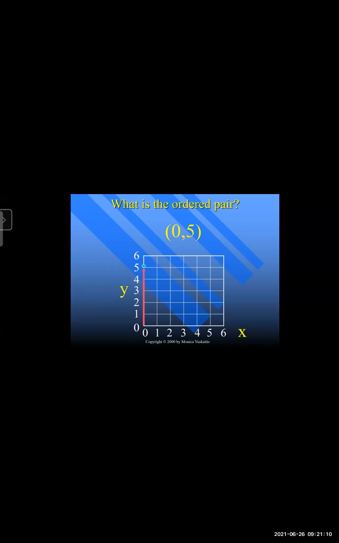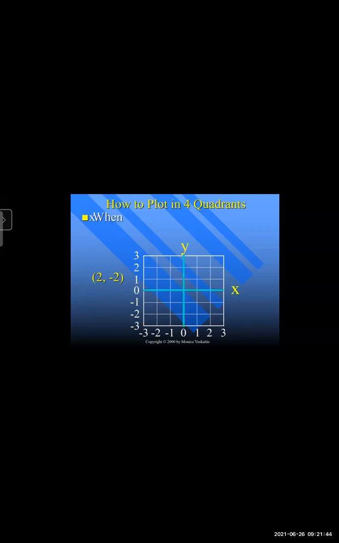So we move 5 points above the origin, vertically. If the x coordinate is given and the y coordinate is 0, then we plot the point on the x-axis, and if the x coordinate is 0 and the y coordinate is given, then we plot the point on the y-axis.